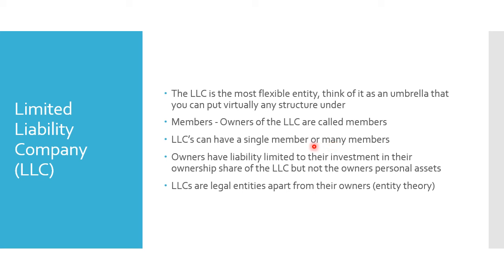The biggest benefit: limited personal liability, limited to what you've invested in the company, and that assumes that you've properly observed the formalities necessary to maintain that limitation in liability. Right, and we'll talk about what that is, and there are some similarities with this and also limited liability as it relates to the corporate form that we'll discuss.